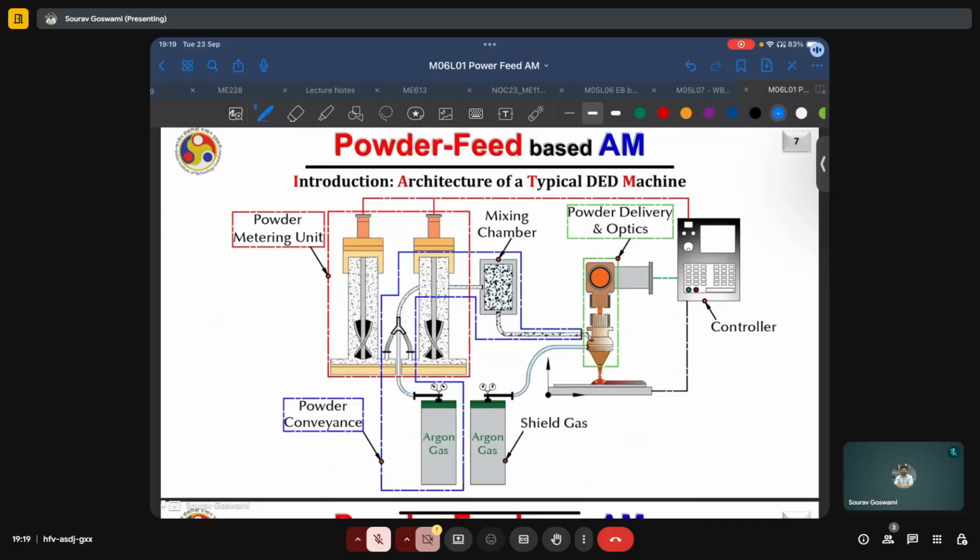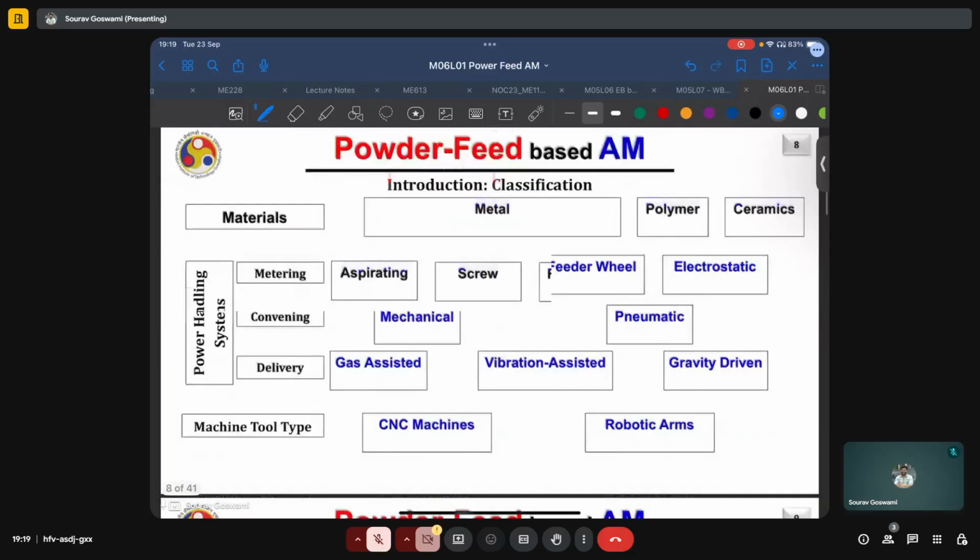The powder delivery and optics, through which this powder is deposited onto the target surface. A shielding gas, which is used to protect the molten pool from atmospheric oxygen. Typically, this will be the same as the powder delivery gas, and a control interface to sync the functioning of all of these different subsystems.